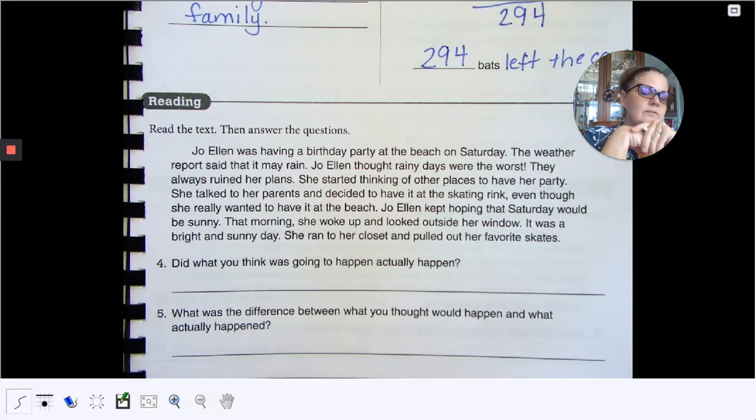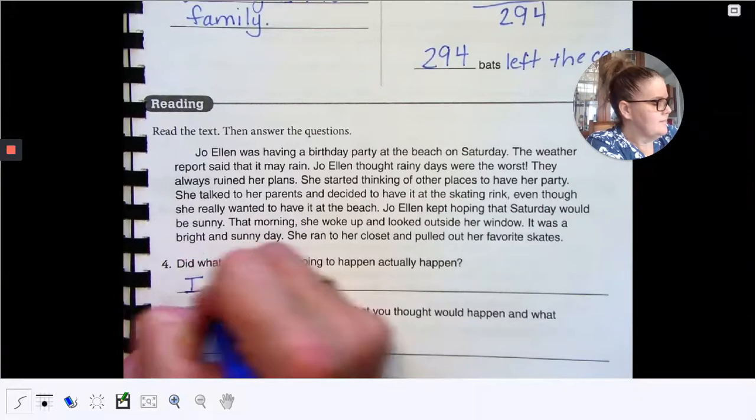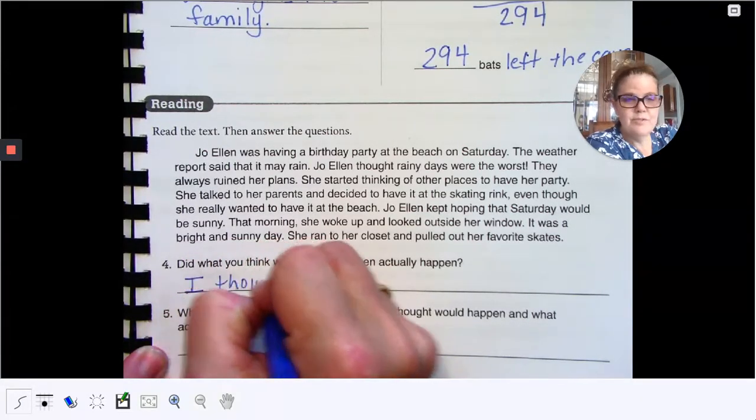So, I don't know if anybody else noticed it, but I thought it was going to end differently. So what did I think was actually going to happen? I thought she was going to run to her closet and pull out her swimsuit and get a towel.